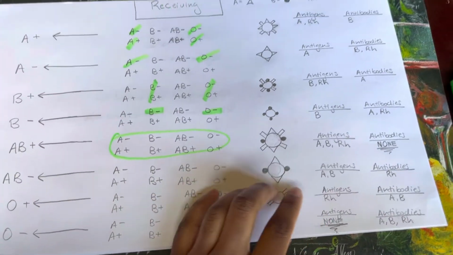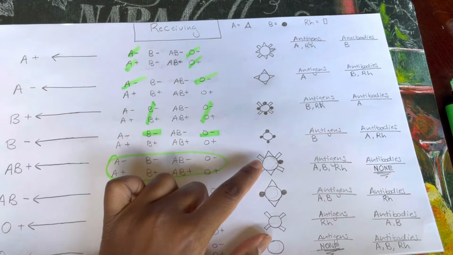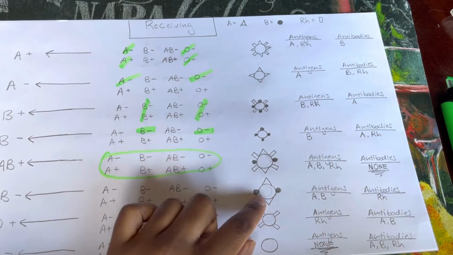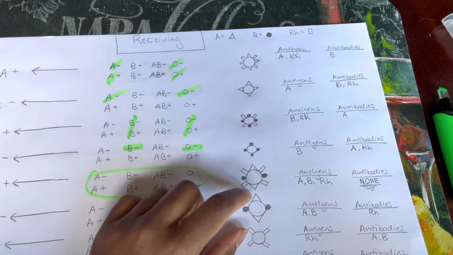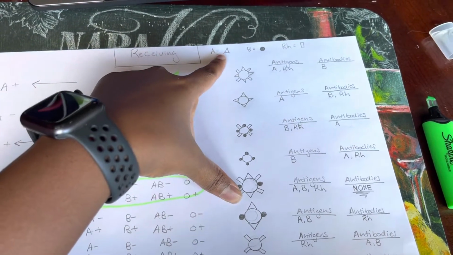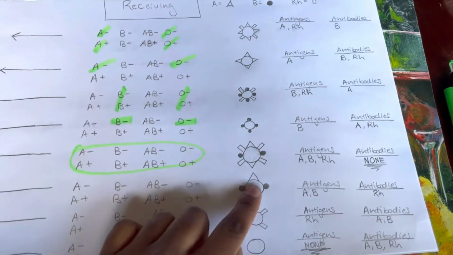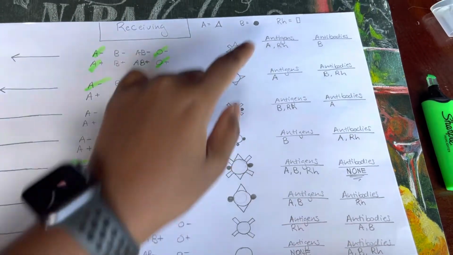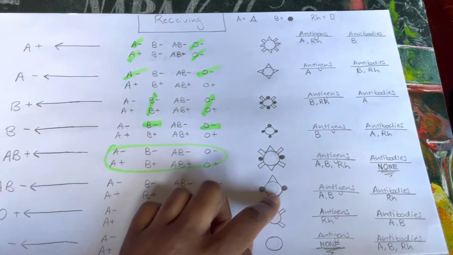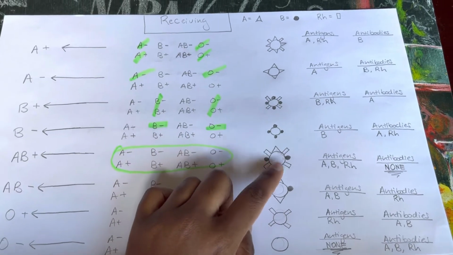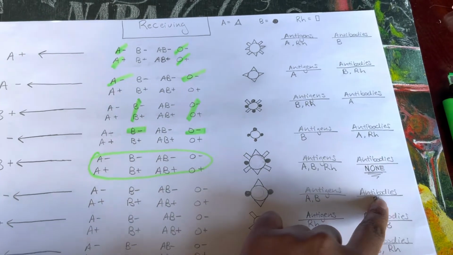And how about AB negative? All right, so AB negative looks like this. It's a little different from its twin or its sister blood type. So it has A antigens and B antigens, but it doesn't have RH antigens like the AB positive one does. So that means RH is our antibody.